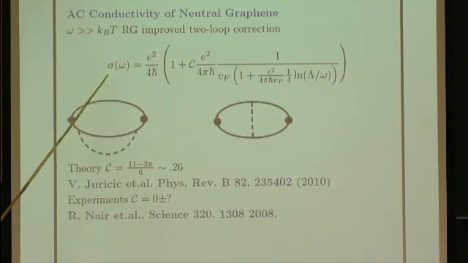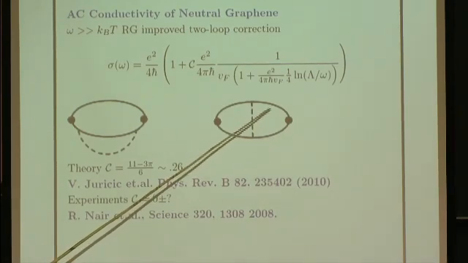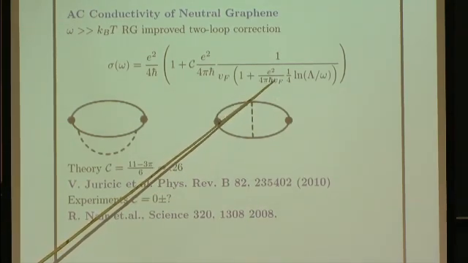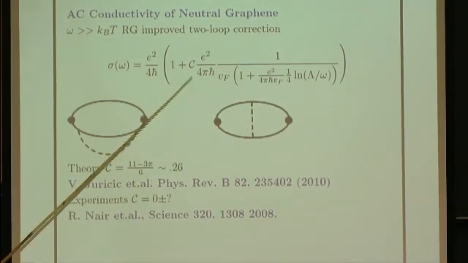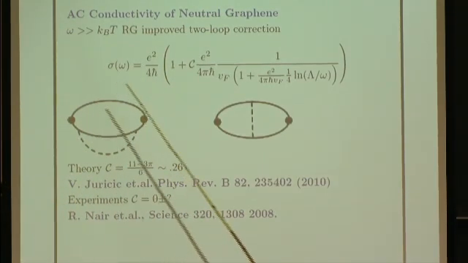And so this AC conductivity is corrected by logarithms. And since this number is of order 1, actually 2, I mean it has a quarter in front, and this is also a quarter, so that 2 is reduced to 1/2 roughly. This logarithm should be significant.